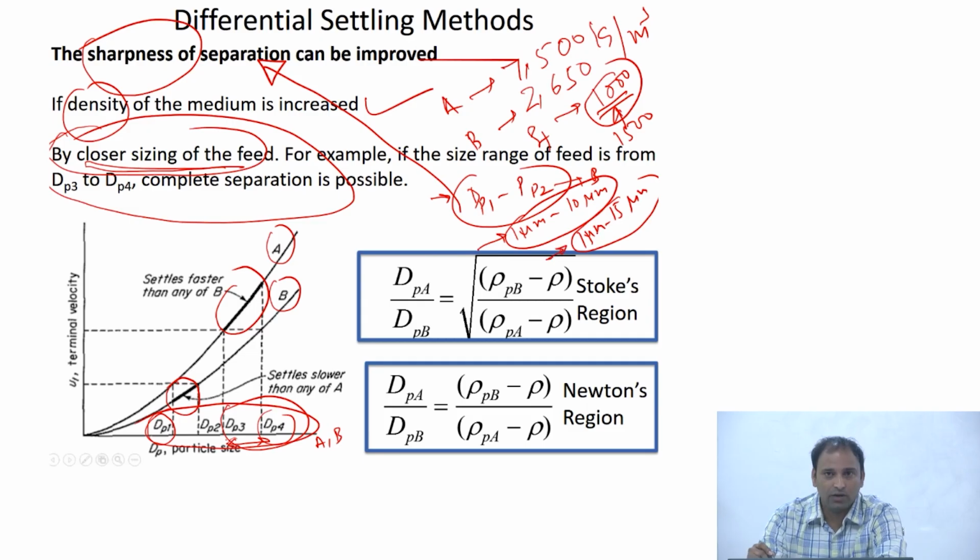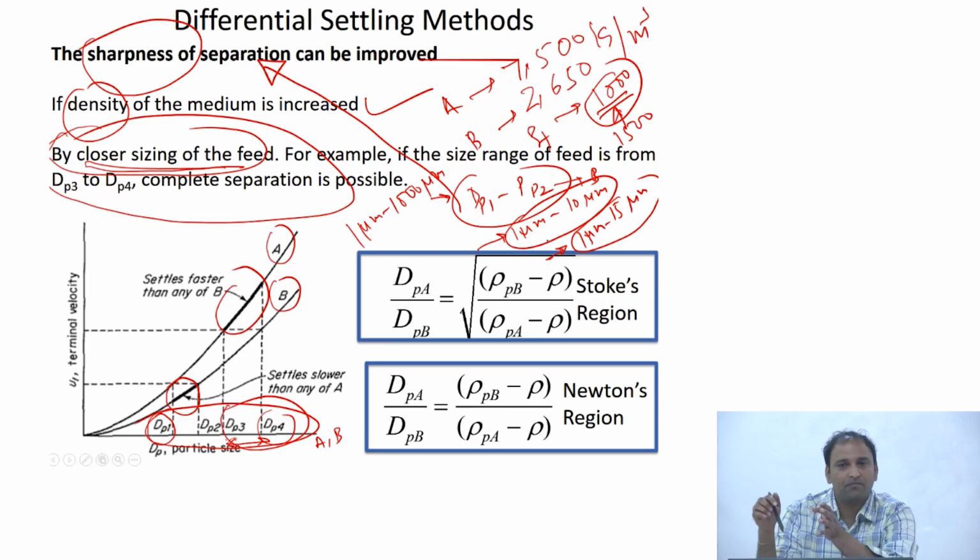It turns out that when you use a density, say my size range is fixed, from 1 micrometer to 1000 micrometer, the pure fractions you get of A or B are slightly expanded.